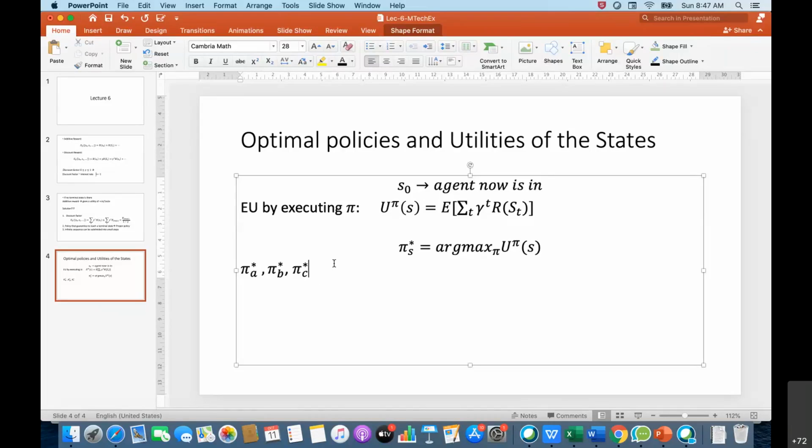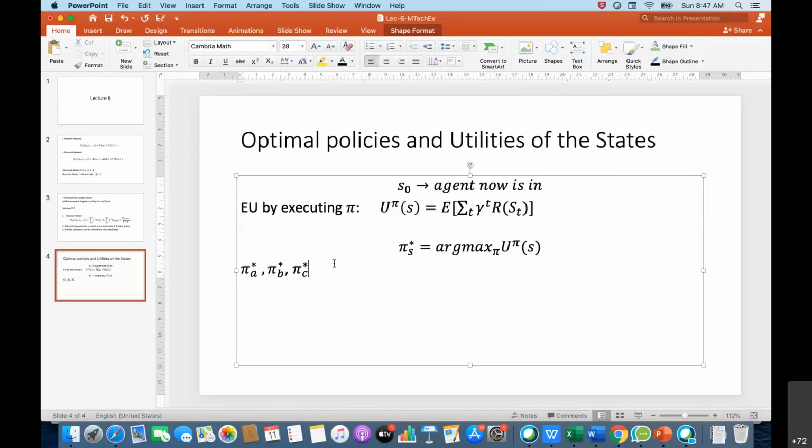Therefore, for a single finite horizon, there should be a single optimal policy, denoted as pi star. This is how the optimal policies are independent of the starting state.